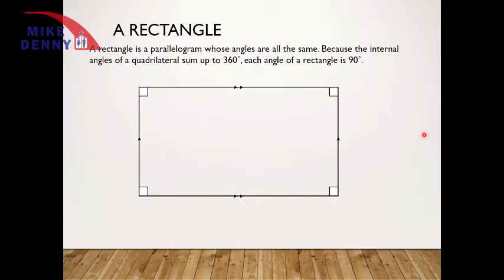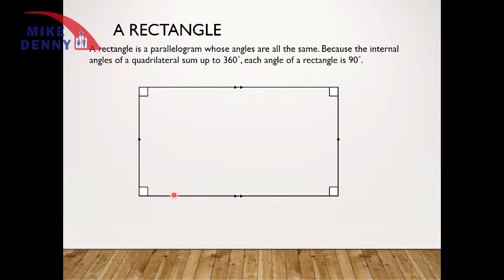We move to the next, and that is a rectangle. What is a rectangle? A rectangle is a parallelogram whose angles are all the same. So if the angles are all the same and the internal angles of a quadrilateral sum up to 360 degrees, it will mean that each angle of a rectangle is 90 degrees.